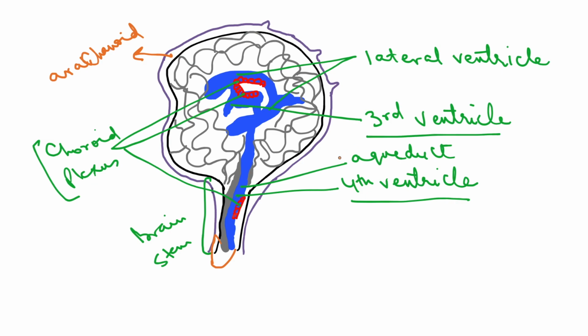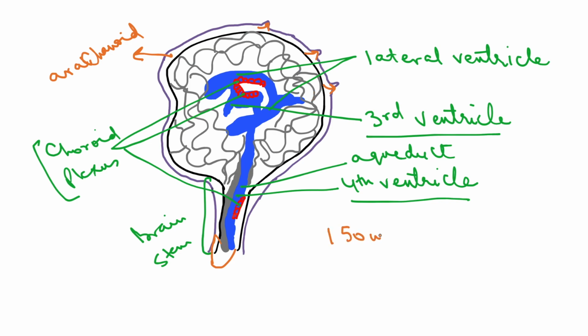There are some granulations in the arachnoid. CSF then flows into the venous system from here, and hence it returns to the blood from where it originated.